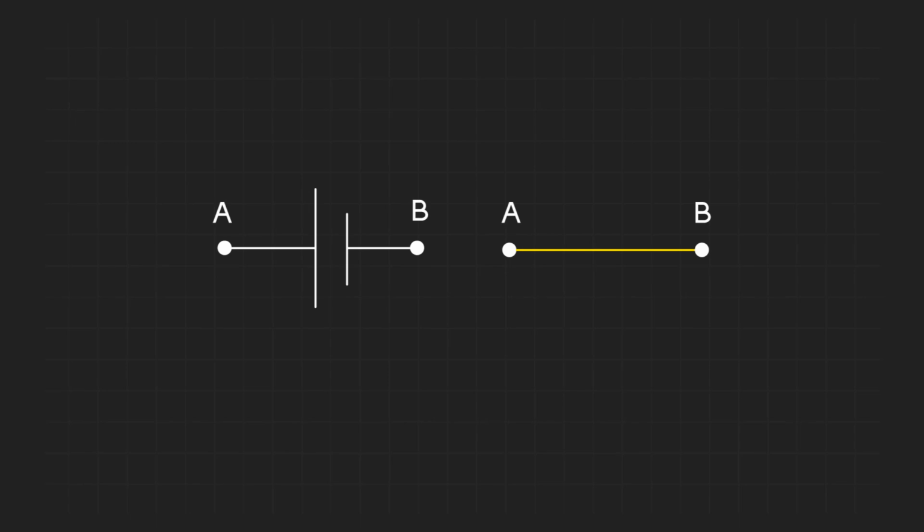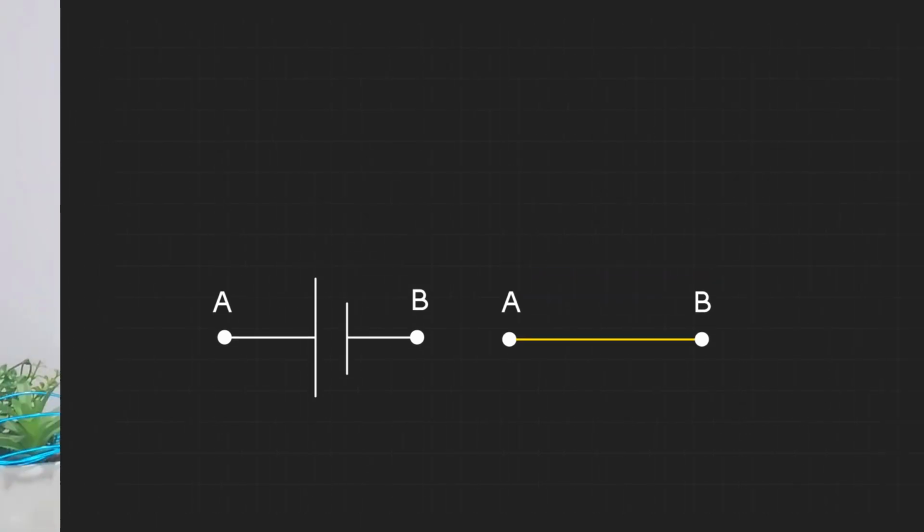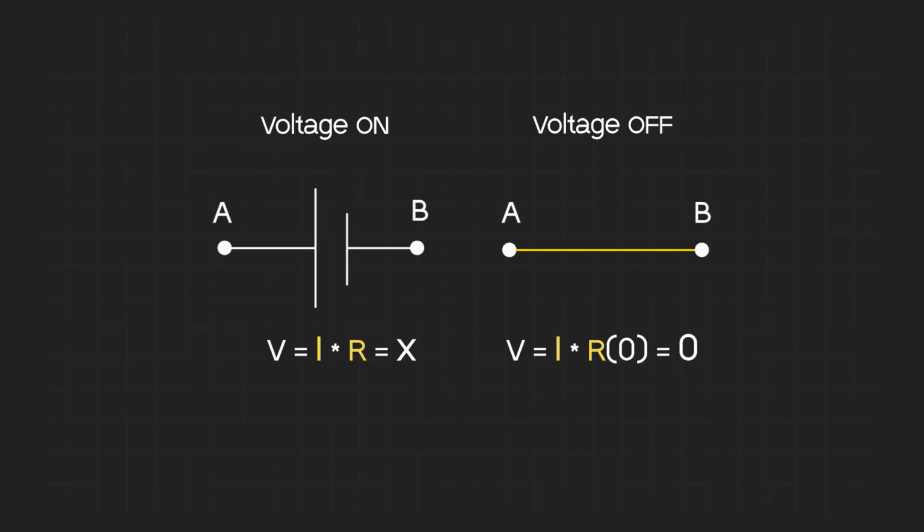So what does set to zero actually mean? In the first case, for a voltage source, it means that we need to replace it with a short circuit, or a conductor. And you know that theoretically a conductor has zero resistance. So from Ohm's law, if you calculate voltage as current times a resistance that is zero, your voltage will be zero.